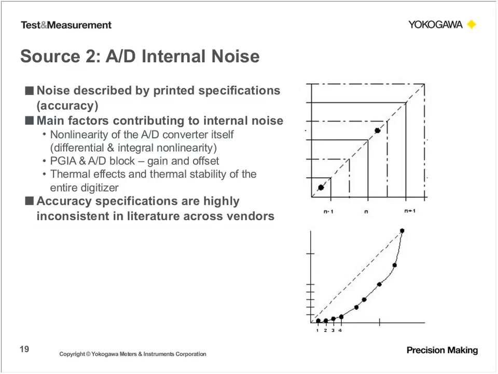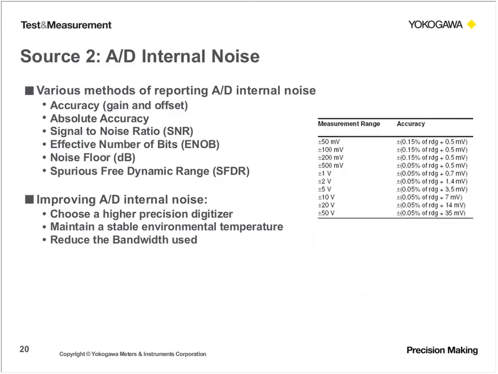So you'll have to look out for those and be aware of those accuracy specifications. And you'll notice what I put there, that accuracy specs are fairly inconsistent across all the vendors. We want to put our best specifications out there, but in terms of the working environment, there's a lot that can influence the A to D converter, and that in effect will have a big impact on the noise that you see.